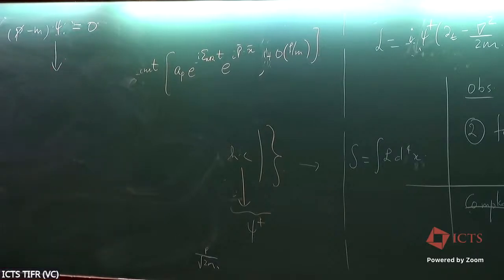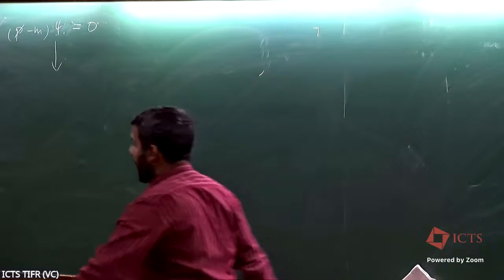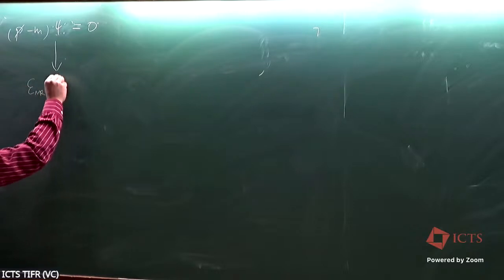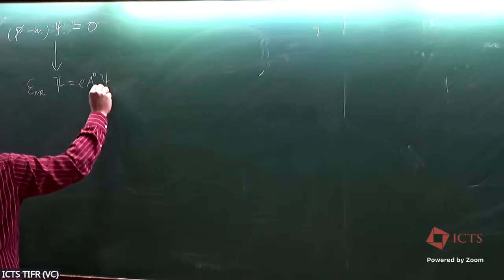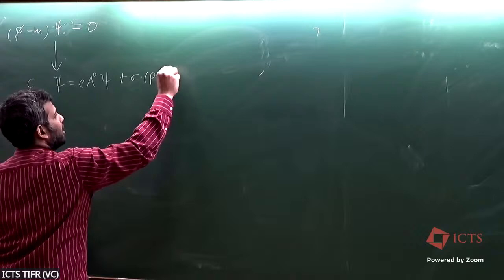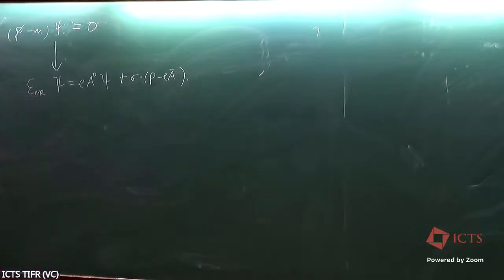If I use this expansion, let me call it equation 2, and try to simplify my Dirac Lagrangian, what we will have is psi dagger (i d_0) psi plus sigma dot (p minus eA). So you have to use these Dirac bases for the gamma matrices. There's an algebra thing, and I leave it to you.